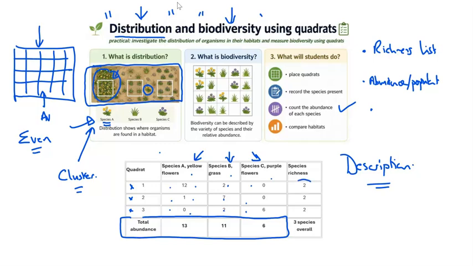You'll notice that species richness is down here, but this column is not additive. 3 species overall. So we can write descriptions of biodiversity. If you study ecology to higher levels, what you would find is that these numbers can be combined in a calculation to calculate what are called an index or indices, and those indices can be used as a numerical quantification of biodiversity, but we'll not go into those calculations right now.